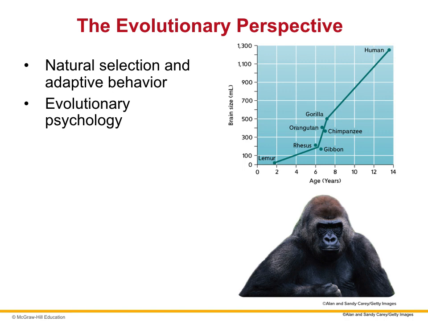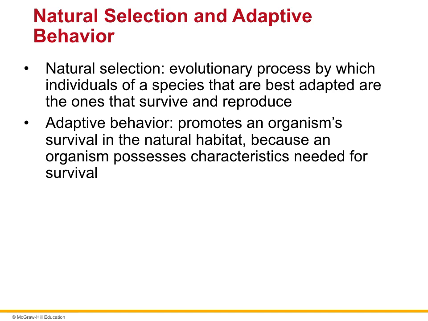You can see that this evolutionary perspective is one theory that science can discuss, and it's natural selection and adaptive behavior, which has been developed as evolutionary psychology. Natural selection is the evolutionary process by which individuals that are best adapted survive and reproduce.